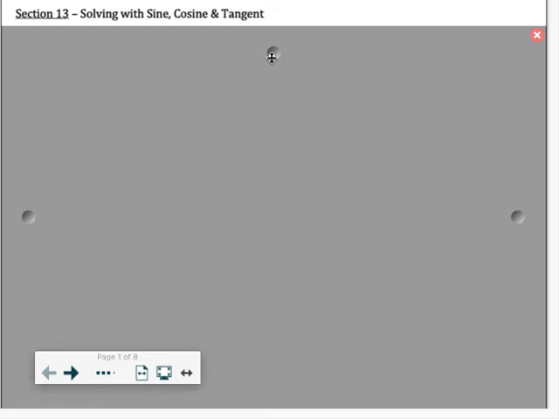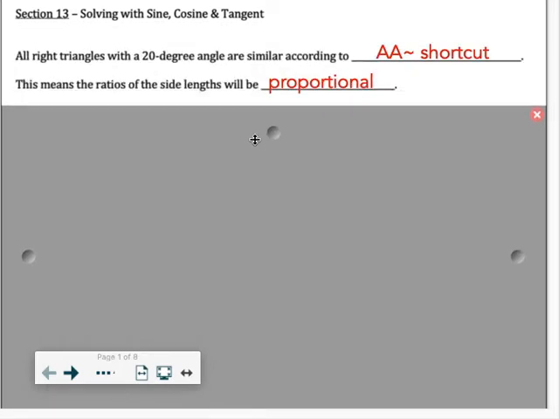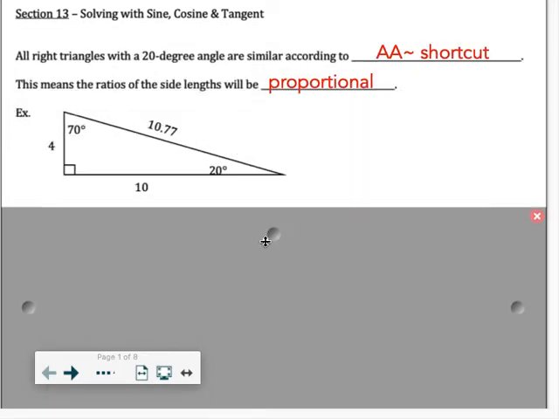And before we begin, I want just to remind you that all right triangles with a 20-degree angle are similar according to the angle-angle shortcut. And this means that all side lengths with a 20-degree angle are proportional. And we're going to use that today to solve for missing sides.